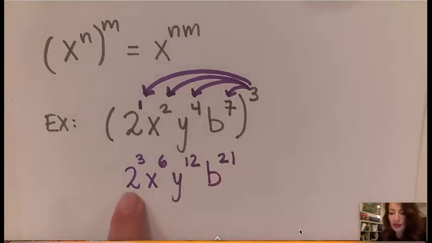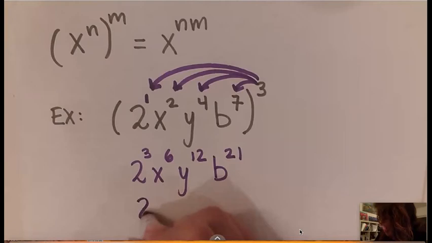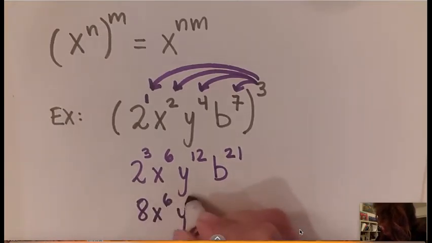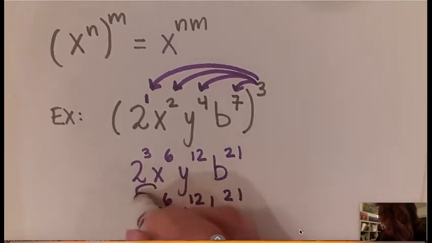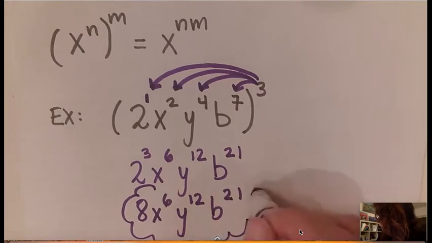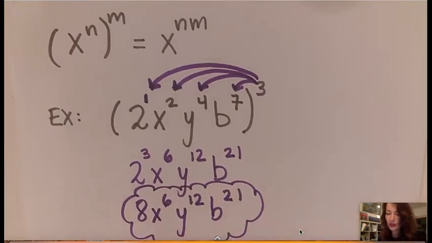And then I can simplify 2 cubed, which is just 2 times 2 times 2. That will give us 8. So our final simplified form of this is 8 times x to the 6th times y to the 12th, b to the 21.